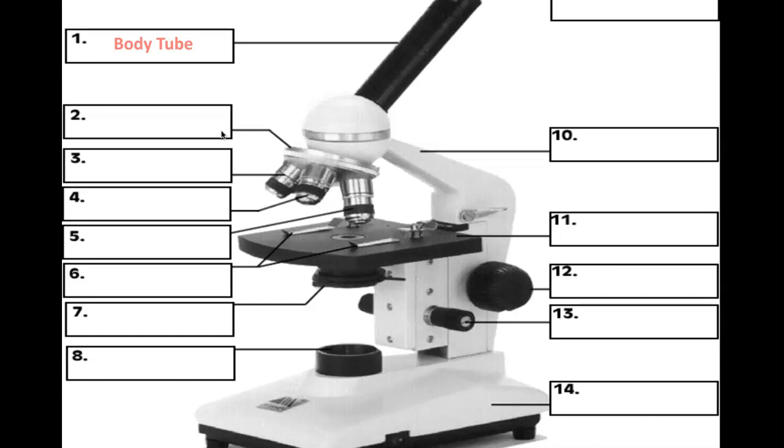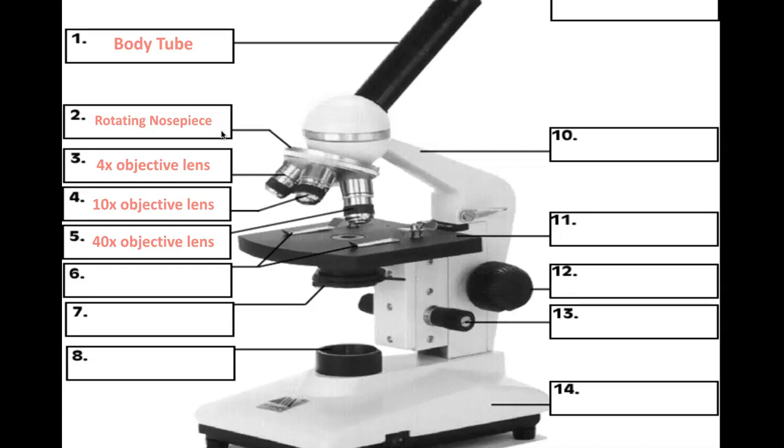The next structure that we need to identify is the rotating nose piece. The rotating nose piece allows us to cycle between a 4x objective lens, a 10x objective lens, and a 40x objective lens. Some microscopes have 100x objective lenses.